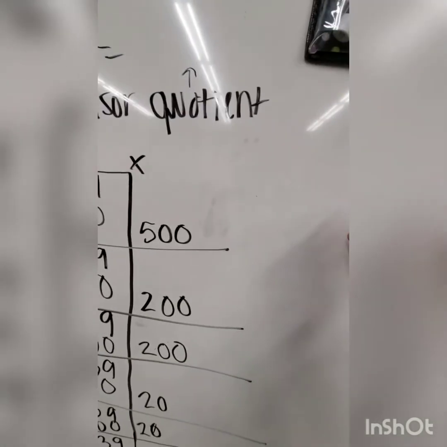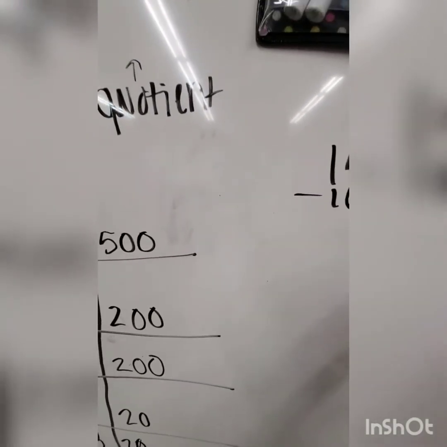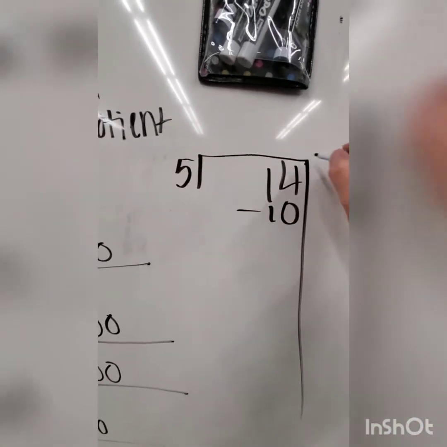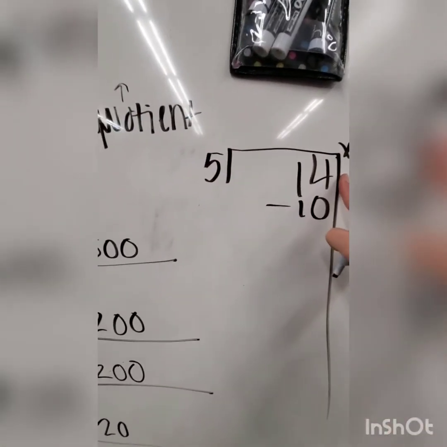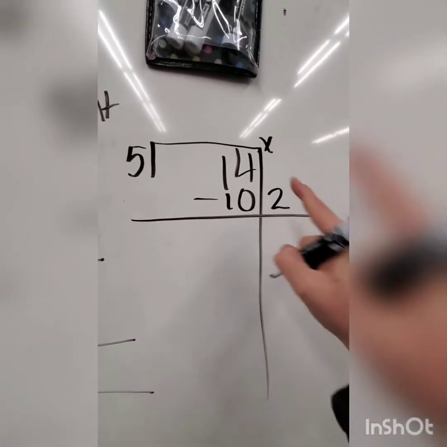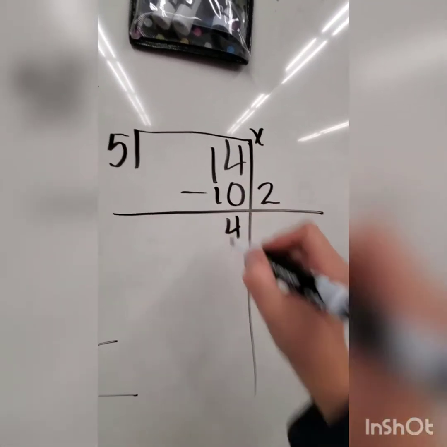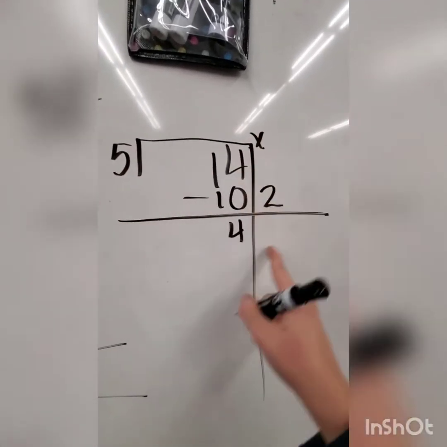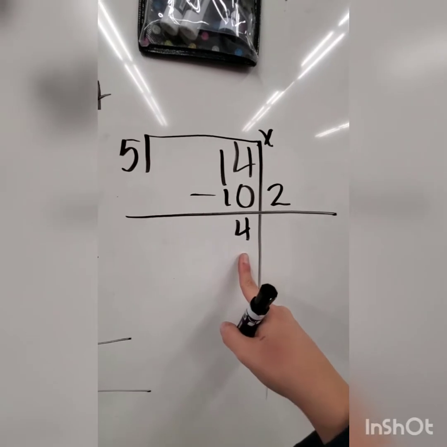So I'm going to put minus 10, and of course I multiplied 5 by 2 to get 10. 4 minus 0 is 4. 1 minus 1 is nothing, 0. So I have 4 left.